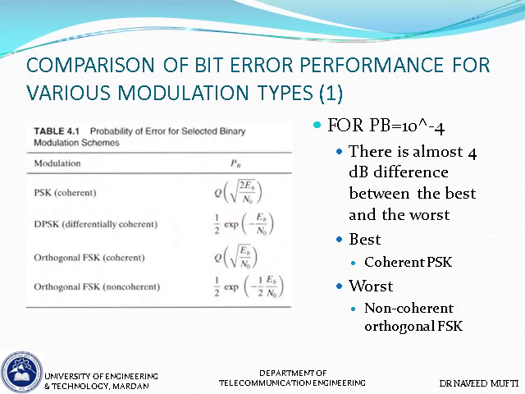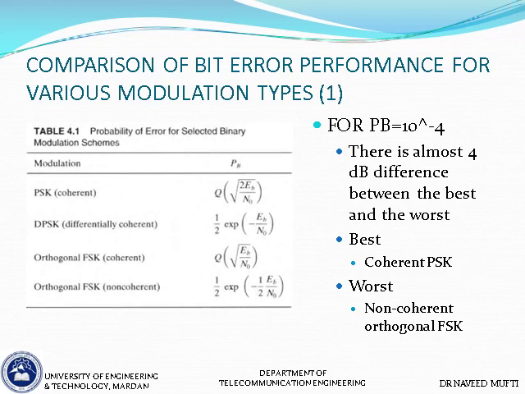In some cases, 4 dB is a small price to pay for the implementation simplicity gained in going from coherent PSK to non-coherent FSK. However, in many other cases, even a 1 dB saving is worthwhile. So you have to remember that there may be other considerations besides PB, such as system complexity.